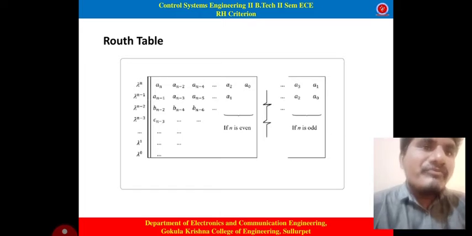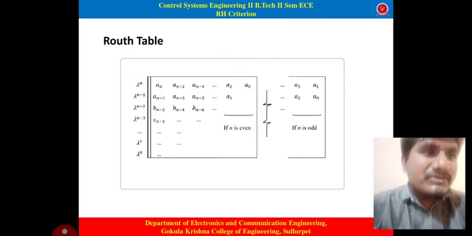First of all, we are going to take the characteristic equation of a system. So what is the characteristic equation? The transfer function will be there, and the denominator of the transfer function, you take that particular polynomial and make it equal to 0, that will form the characteristic equation.